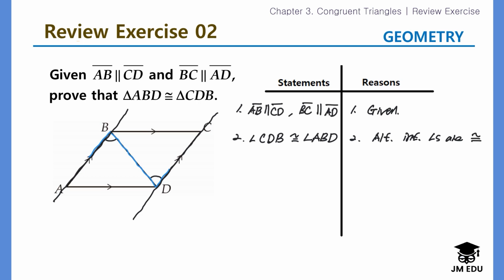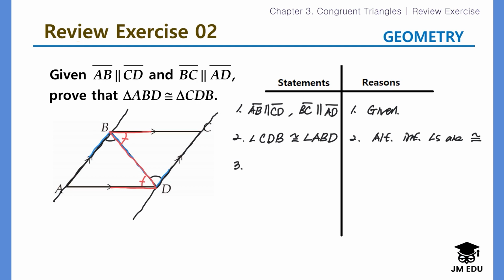Okay, number 3, we also have these two sides. This side right here, BC, is also parallel to AD. Then look at this red line. This angle right here, angle CBD, is congruent to angle ADB. Just like these two sides are parallel and this is like a transversal, then these two angles are alternate interior angles.